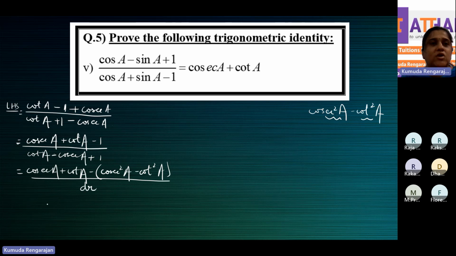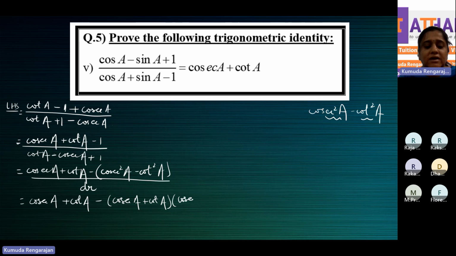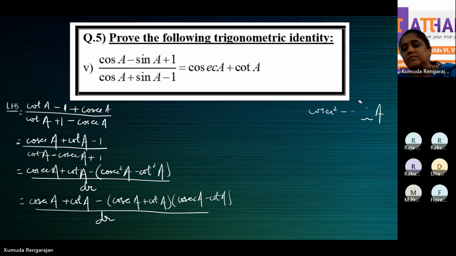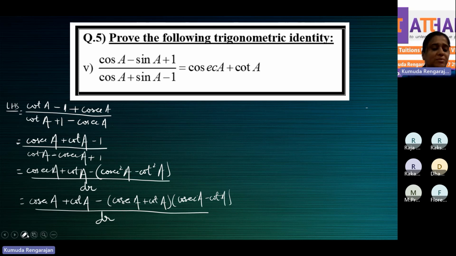So I'll just write dr for denominator as it is, equal to cosecant A plus cot A minus cosecant A plus cot A into cosecant A minus cot A, divided by denominator as it is. Now, what's common? Which expression is common? See, this is cosecant A plus cot A. This is also cosecant A plus cot A. This is cosecant A minus cot A.